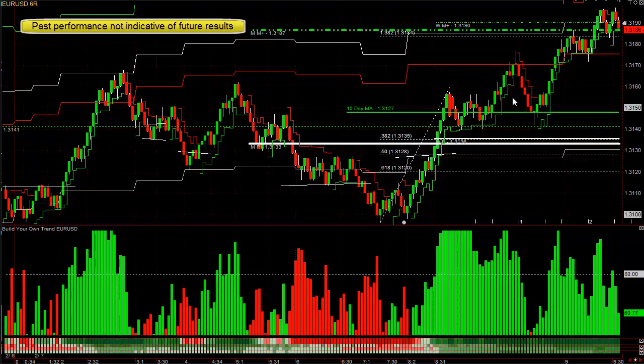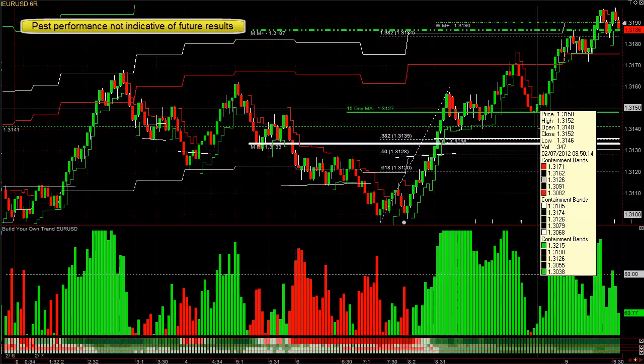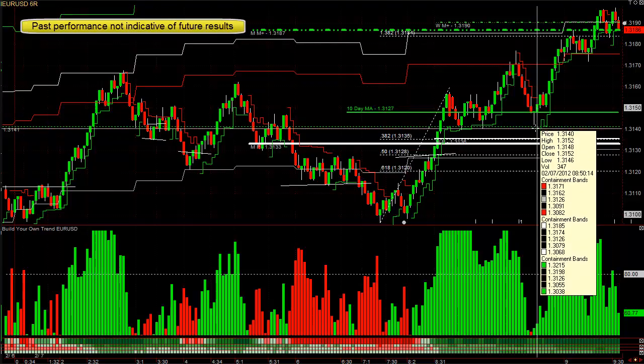On a range chart, one trade that I really live and die by, it's probably my bread and butter if I had to name one trade, is finding a strong momentum. And then, because it's a range chart, these are 6 pips per bar. I like to see at least 3 red bars, 3 to 5. And then after the first green one, which is right here, I buy it when it goes 1 pip above the high. So I would have bought on this bar at 31.50 with my stop a pip or 2 underneath the previous day's high.